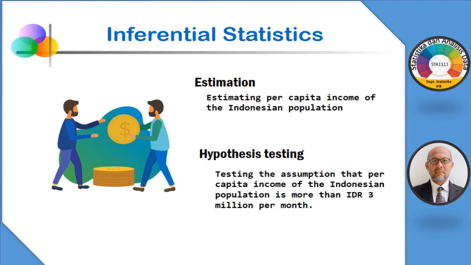We just have the sample data. Another thing is hypothesis testing. It is testing the assumption that per capita income of the Indonesian population is more than 3 million per month, for example. This is a hypothesis. We don't know whether this hypothesis is correct or not. Therefore, we have to test it based on the data from the sample.